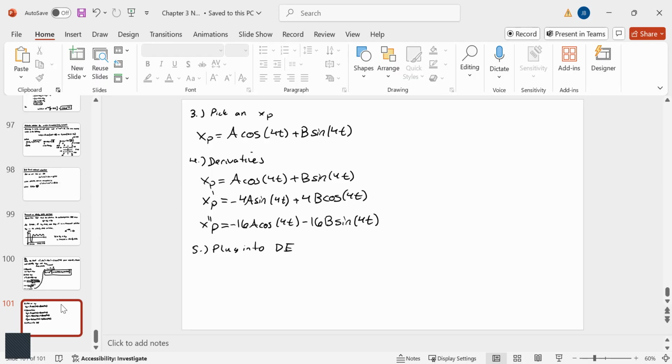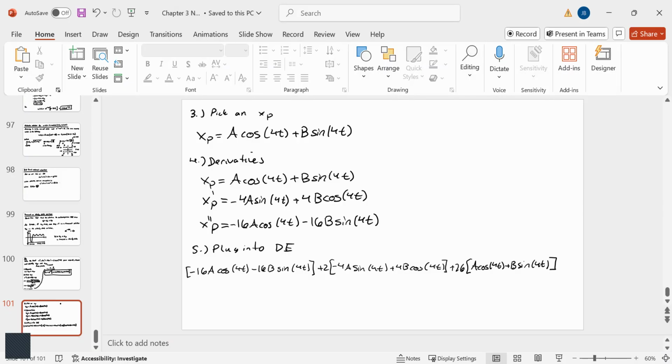So now we get to write out this massive equation, right? Hopefully we can fit it in one line this time. So negative 16a cosine 4t minus 16b sine 4 times t plus 2 times (negative 4a sine 4t plus 4b cosine 4t) and then plus 26 (A cosine 4t plus b sine 4t).